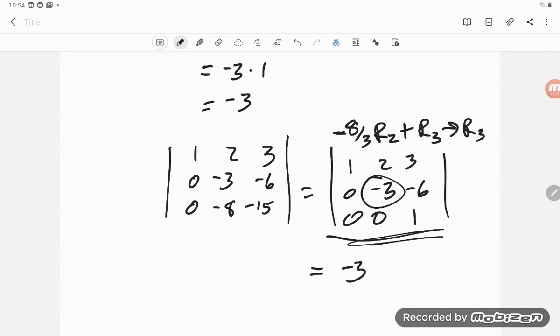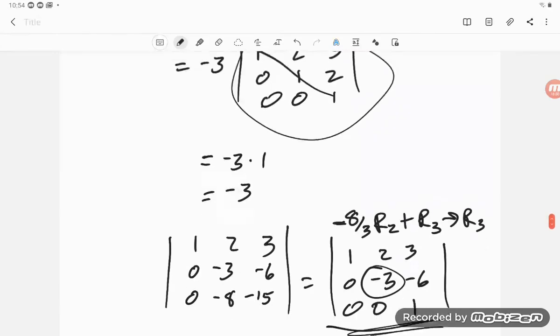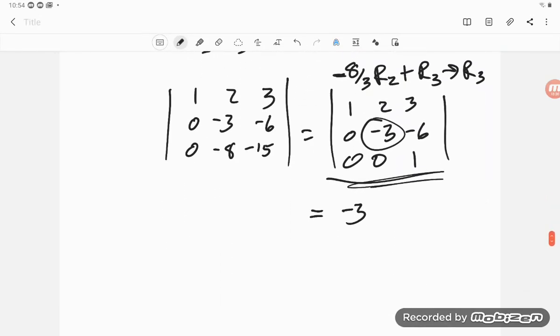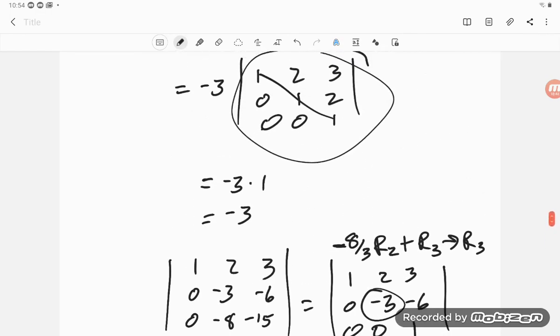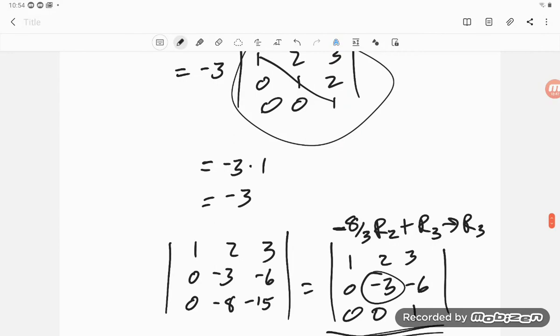I did not have to keep reducing the size of the matrix I'm taking determinants of. I can just go through here and do my row reductions and keep track of them as I go. And I wanted to point out that difference between this and the text.